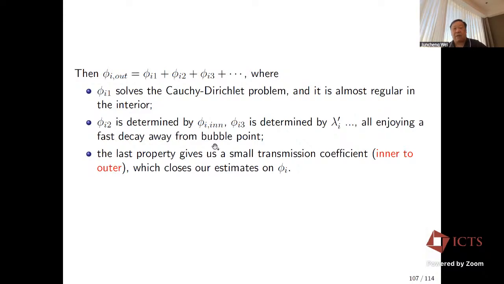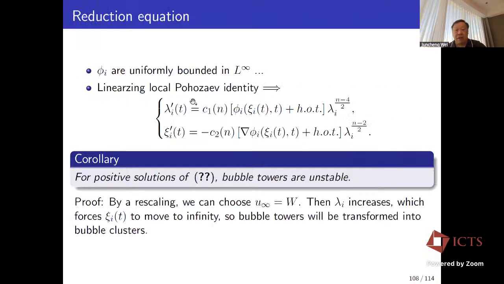The fast decay gives us a small transmission coefficient from inner to outer, which closes our estimate on phi. Then by local parabolic density, because we have just one bubble, we get the dynamics for lambda and the dynamics for psi, and we get that type 2 cannot happen. And this is the one bubble case. From this dynamics, we say the type 1 cannot happen.